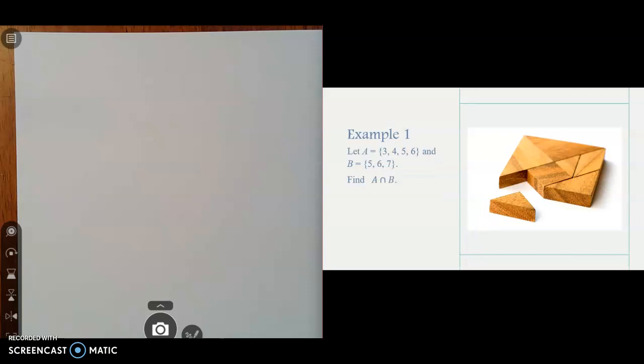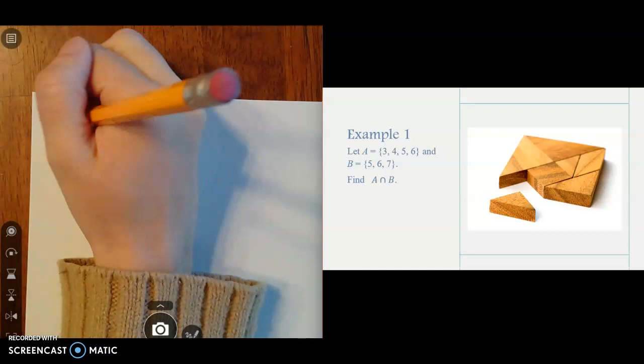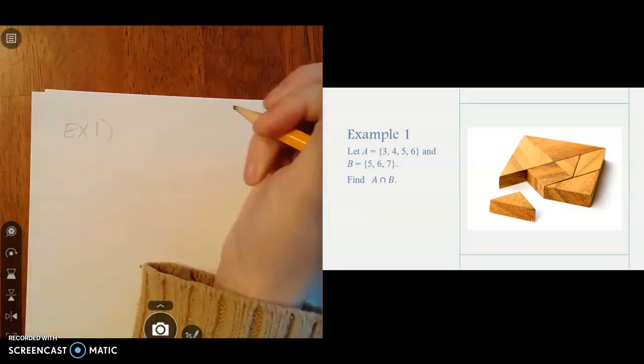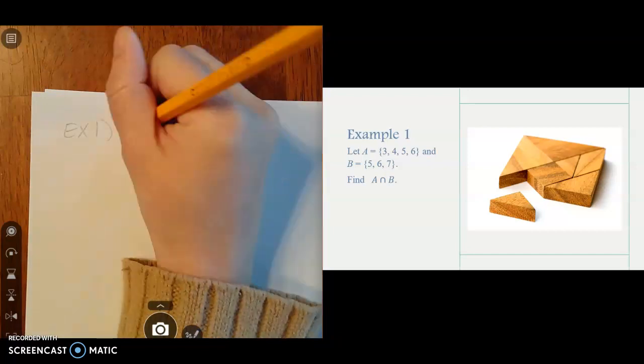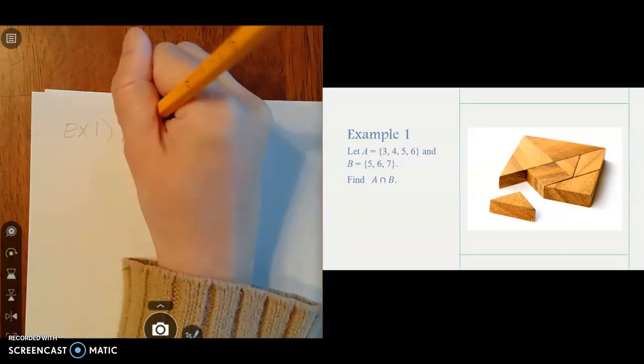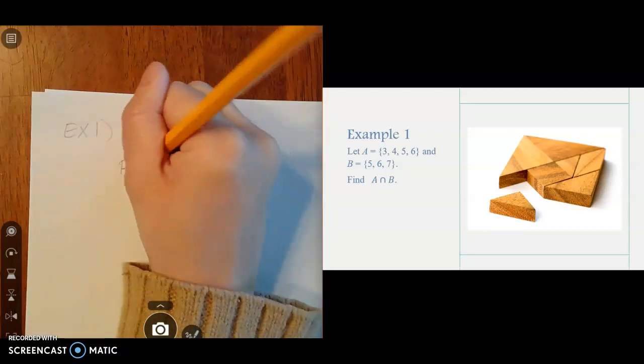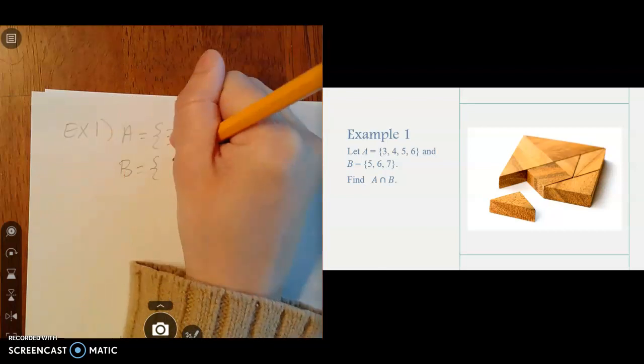So example 1, we're just going to deal with sets of numbers. A set is kind of like a box with numbers put into it. In example A, I've got set A, which has 3, 4, 5, and 6 in it, and set B, which contains 5, 6, and 7.